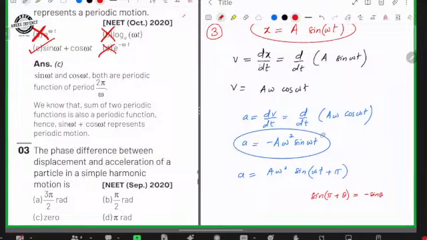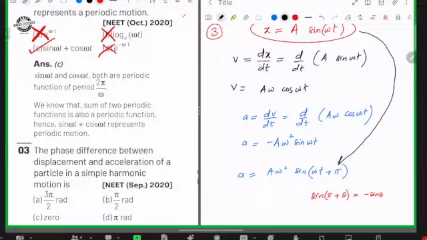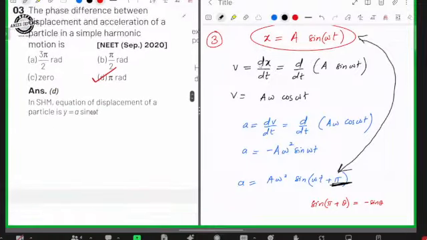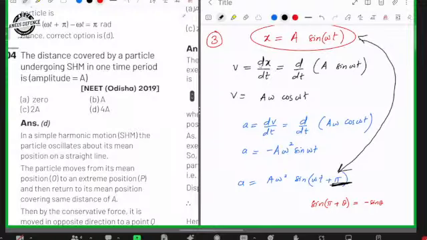Now you can compare these two equations to say that the phase difference between the displacement and acceleration is pi. The phase is the angle of sine, na? Here it is omega t. Here it is omega t plus pi. So what would be the difference between them? It would be pi. Therefore, option number D is correct. Okay, Rohina?